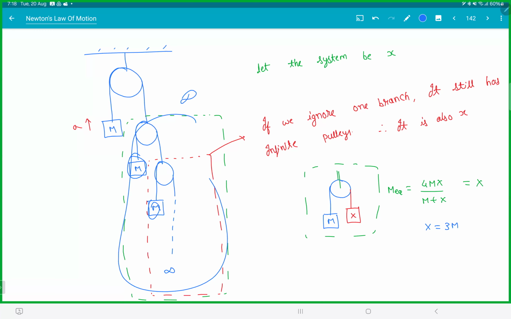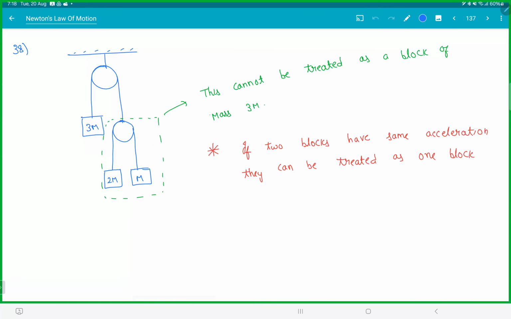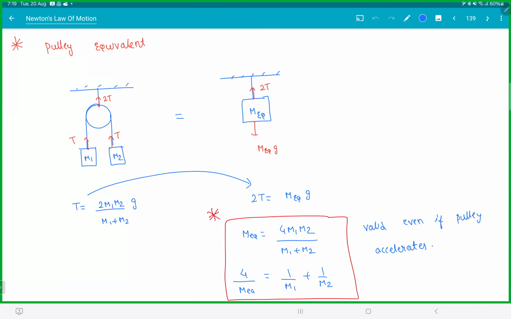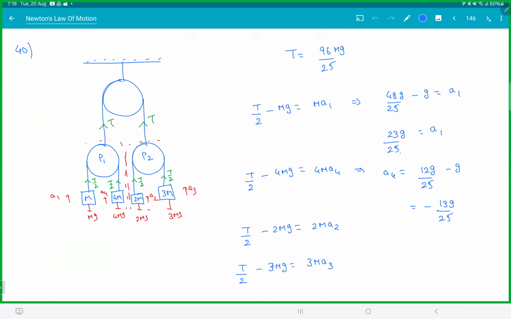You should have taken it as infinity, right? Life would have been easy. Why do all that? Then what was this question? This cannot be treated as mass of 3m. Why did we write all this? Why do we need to prove this pulley equivalent method? So be careful. All clear with this?